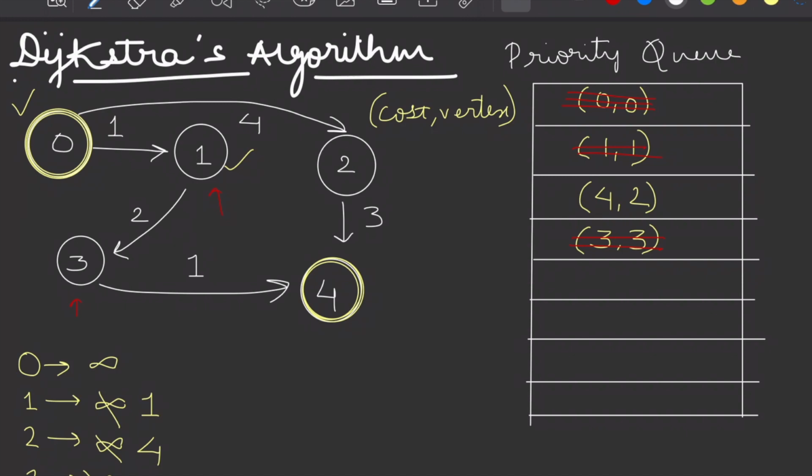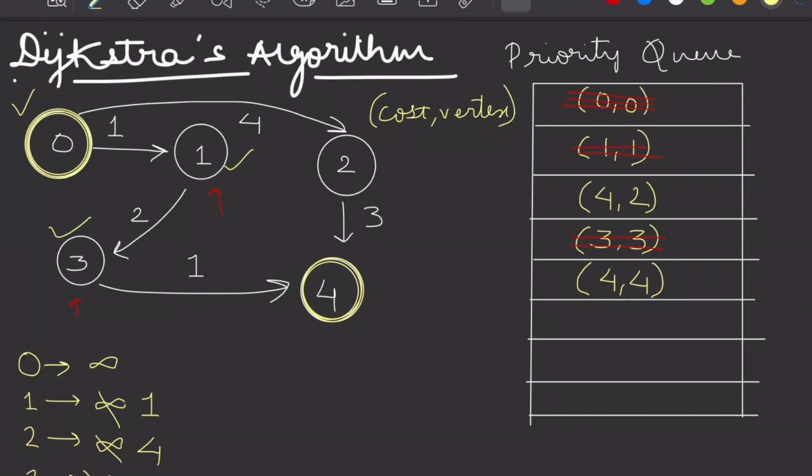So that's going to be 1 plus 2 plus 1, which is 4. So we can reach 4 with a cost of 4. All right, so we're just going to add 4 as the cost to reach 4. And any other neighbors? Well, not really. So we're done with processing 3.